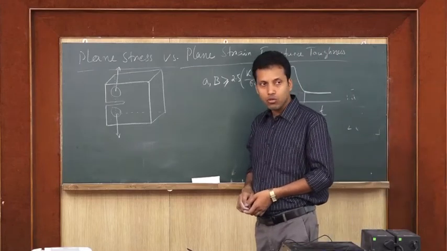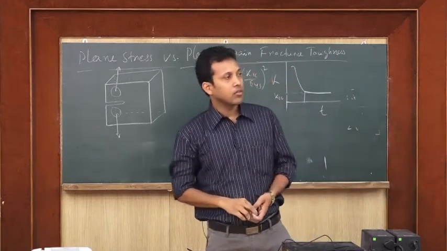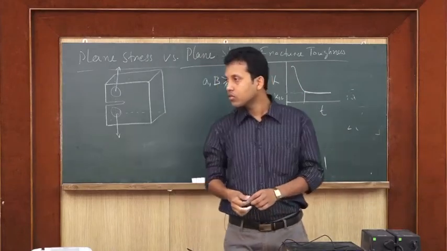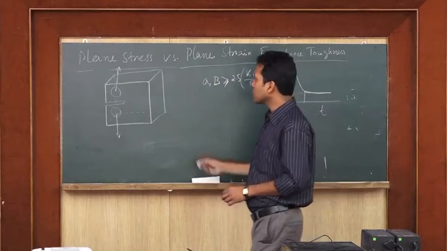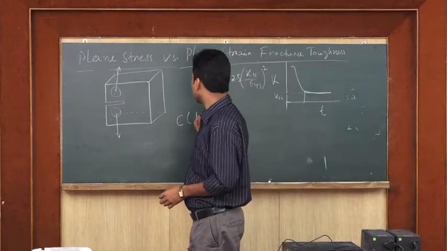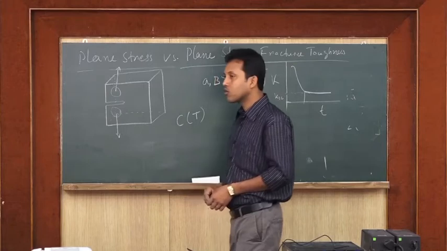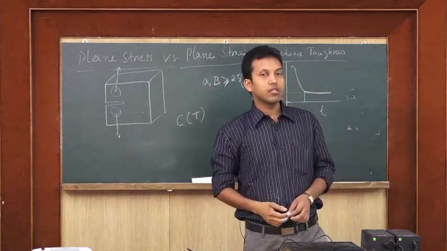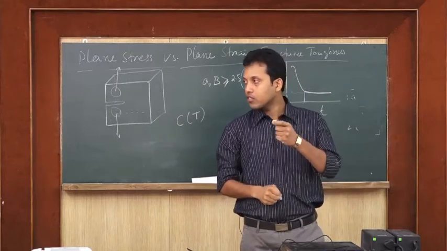Do any of you know this design? Any of you? No. Okay. This particular design is known as CT specimen. CT means compact tension. So this particular design of the specimen is known as compact tension specimen.